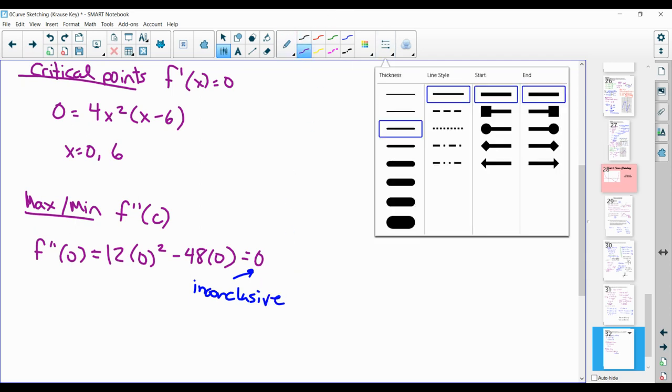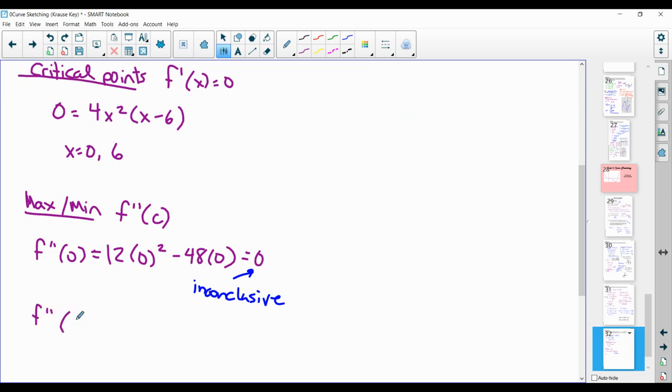So let's check the second point. So second derivative of 6, we've got 12 times 6 times 6 minus 4. So I've used the factored form there. That would give me 144, meaning it's positive. And if it's positive, that means we have a local min or a local minimum.